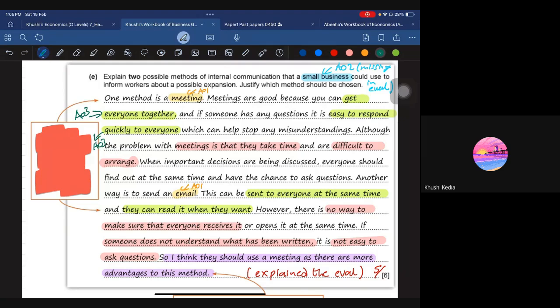But the response clearly explains both the methods. A choice is also made, but there is no clear evaluation. So the decision alone is not sufficient to access the evaluation marks. Don't you think so?